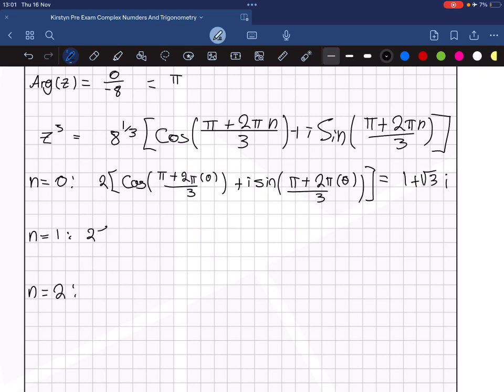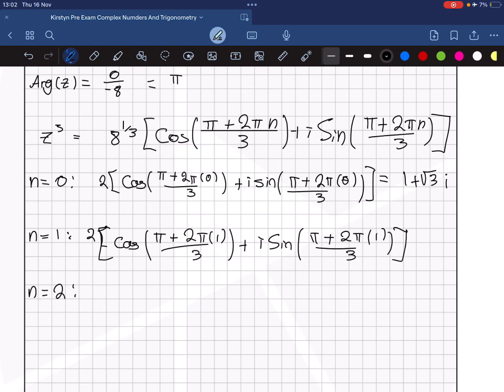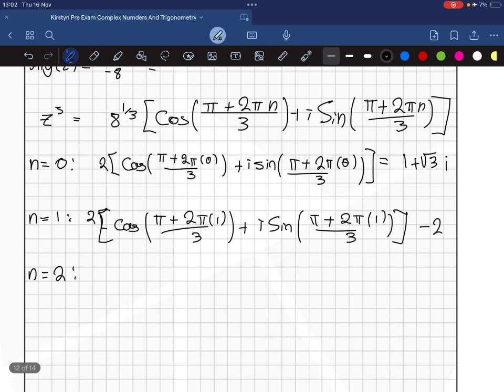Same thing for the other two numbers. 2, then we have the cosine of pi plus 2 pi times 1 divided by 3, plus i times the sine of pi plus 2 pi times 1 over 3. And when we compute that, it comes out just to minus 2, because the sine of this is going to be 0, whereas the cosine comes out to minus 1.